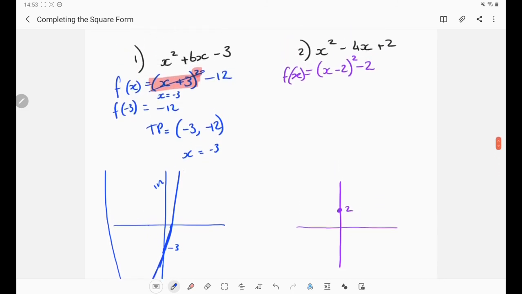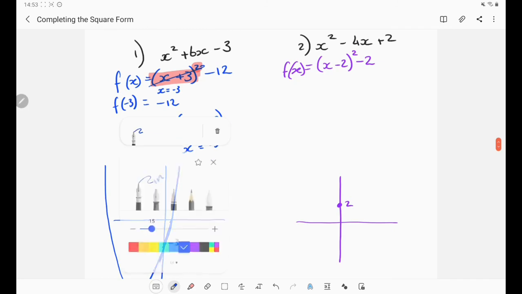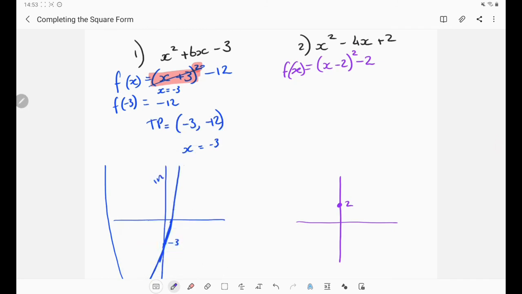Okay, let's look at the second example because that is quite a lot to take on board. Again, this x squared, when it comes out, is going to be positive. So we are looking for a minimum turning point. We are looking for the value that will make this function as small as it can ever be.